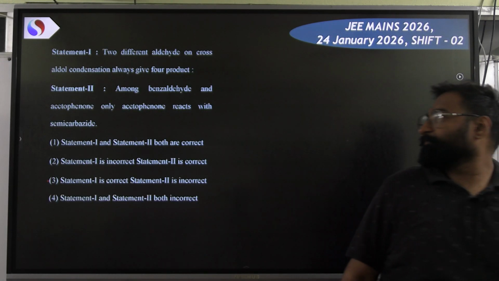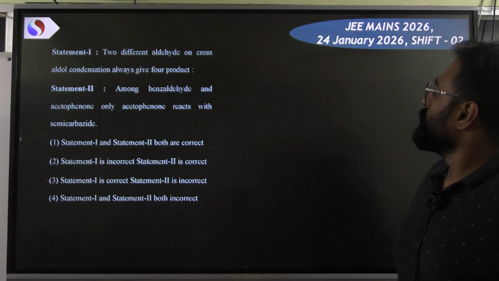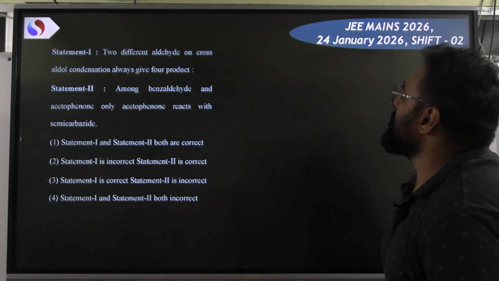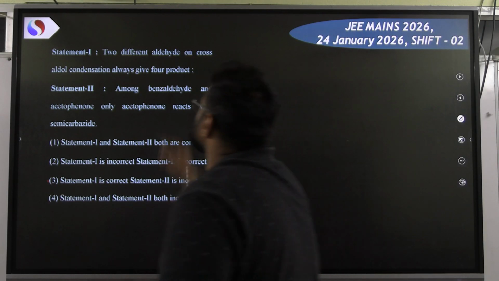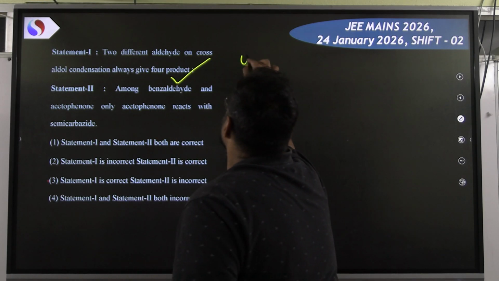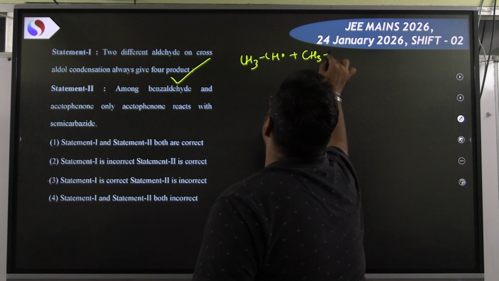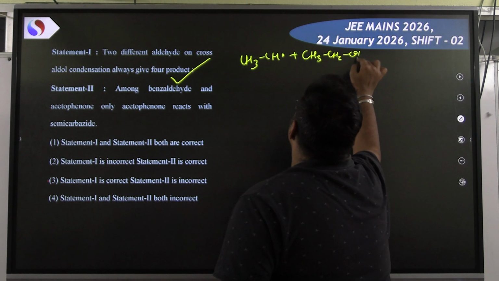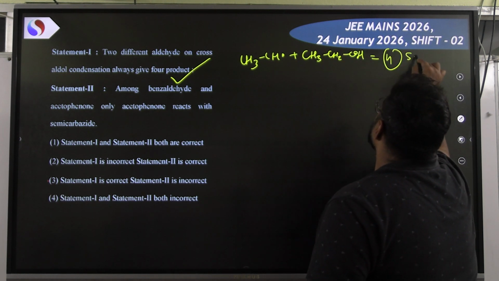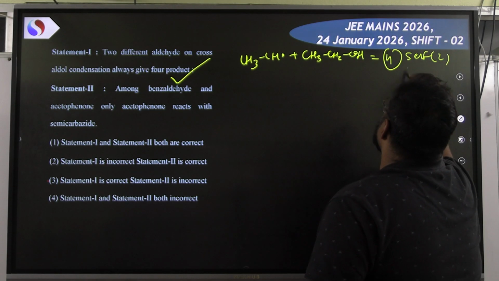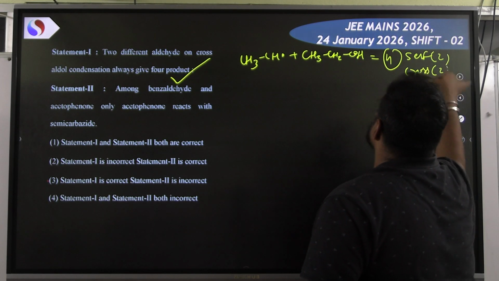Now next. Two different aldehydes on cross aldol give 4 products. Yes, the only condition is both the aldehydes should have alpha hydrogen. So there are 4 products, 2 products of self and 2 of cross.